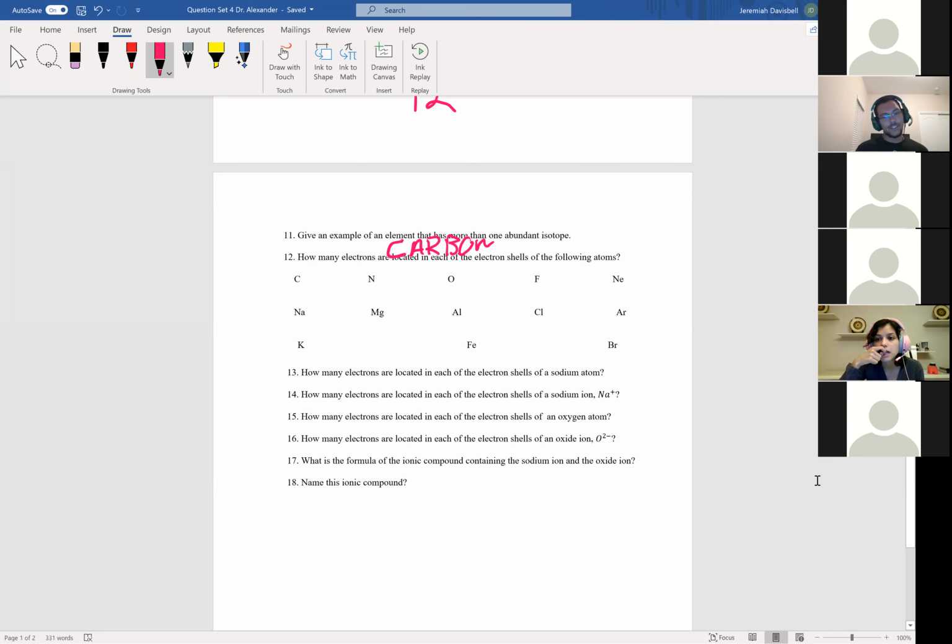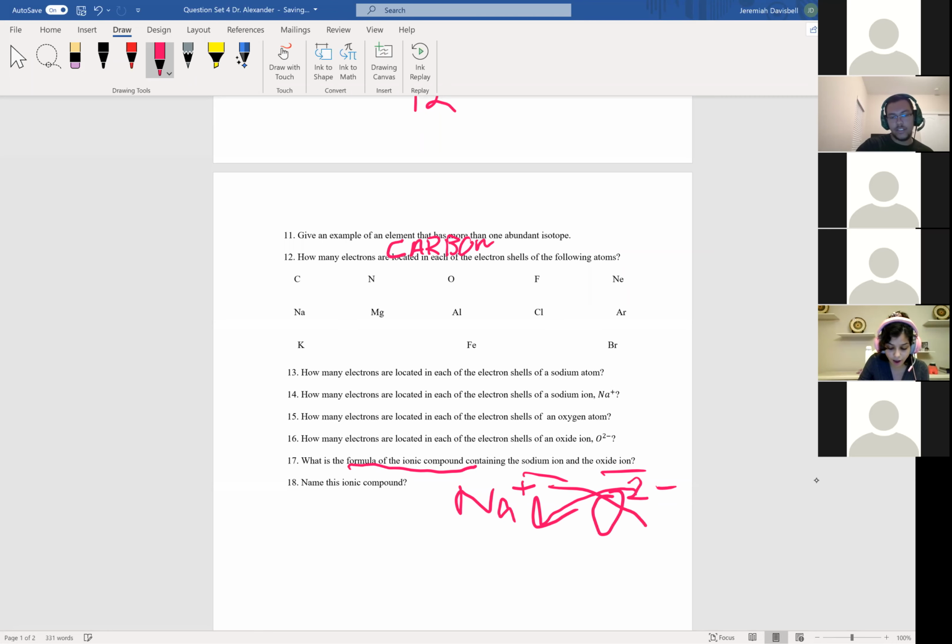Okay, so 17 is asking for the formula of an ionic compound that has a sodium and an oxide ion. So basically we're getting a sodium ion and then an oxide ion, and then we make a formula from that. In order for them to be balanced, we would need 2 sodiums for every 1 oxide, because oxide has a 2- charge and sodium has a +1 charge. That balances it out.